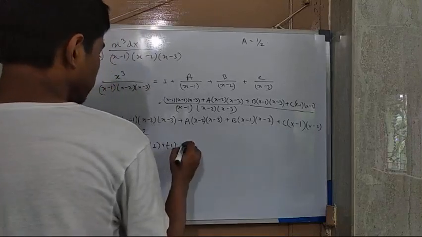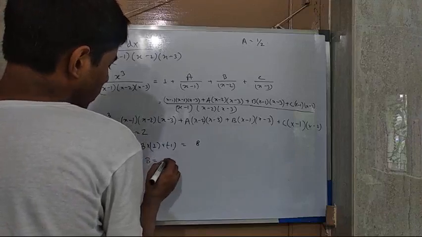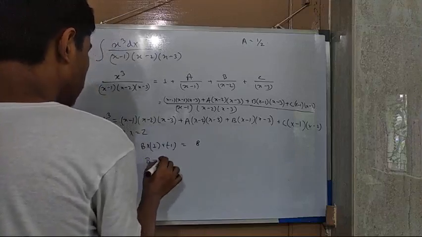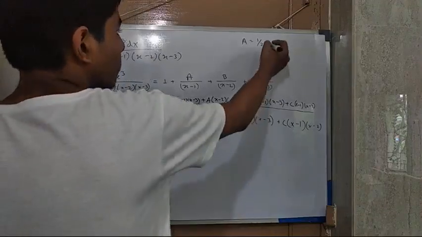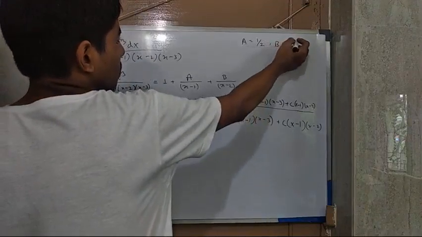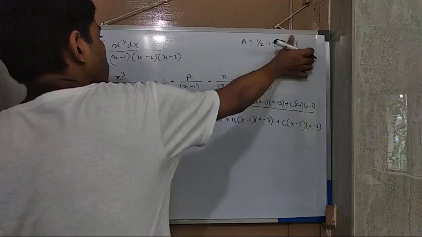Okay, is equal to 8. So b is equal to minus 8. Is it? I hope so. b is equal to minus 8.